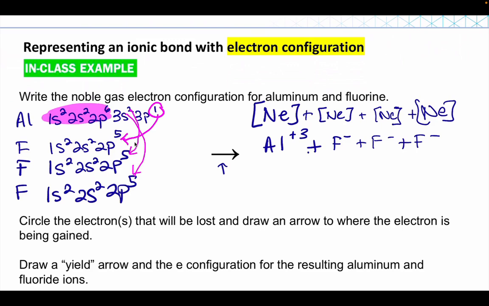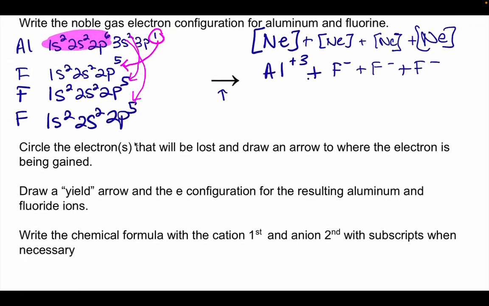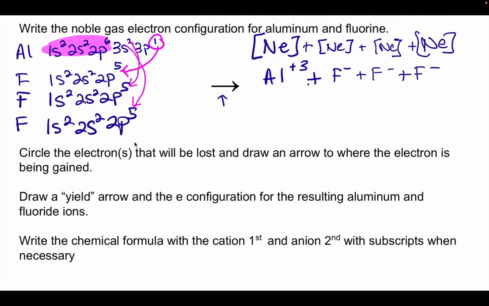So both the aluminum and the fluorine become like neon. Then the chemical formula: we have 1 aluminum, so if we write the cation first, and then we have 3 fluorines, we would put a 3 down here to show the correct chemical formula.